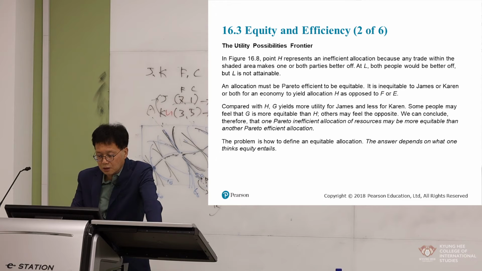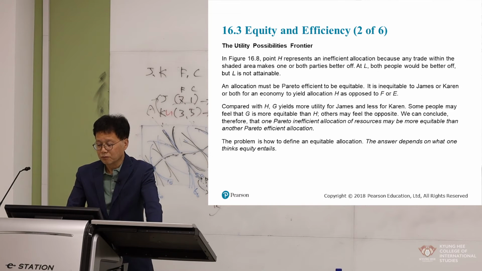In figure 16.8 in slide number 25, H represents an inefficient allocation because any trade within the shaded area makes one or both parties better off. At point L, both people would be better off, but L is not attainable. I already explained. An allocation must be Pareto efficient to be equitable.